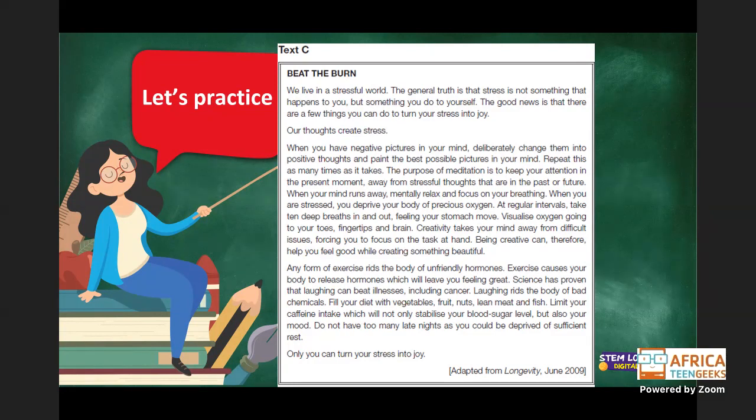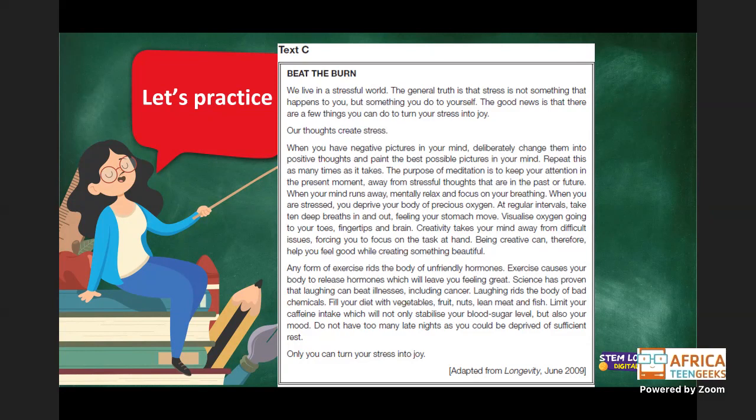So the title of the text is Beat the Burn, and it reads as follows. We live in a stressful world. The general truth is that stress is not something that happens to you, but something you do to yourself. The good news is that there are a few things you can do to turn your stress into joy. Our thoughts create stress.